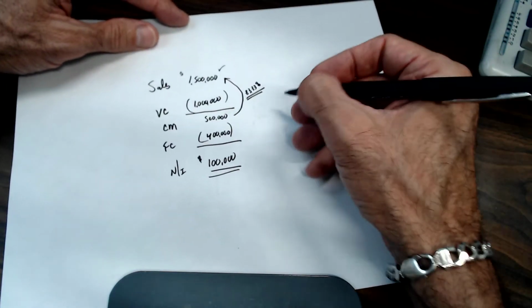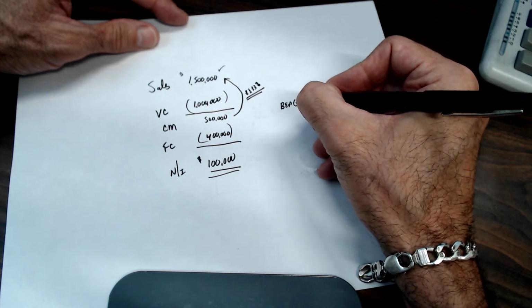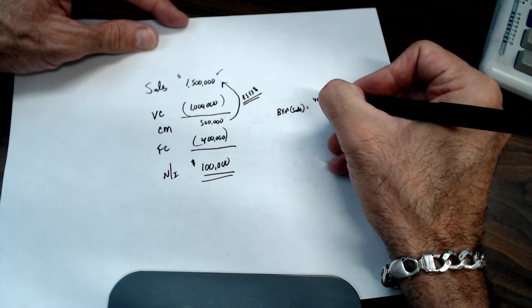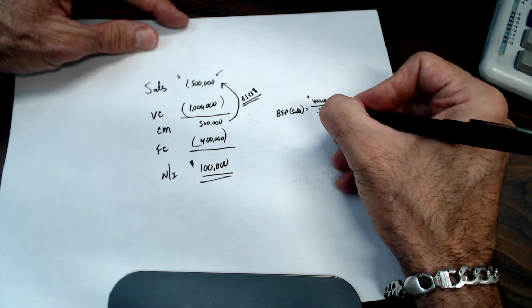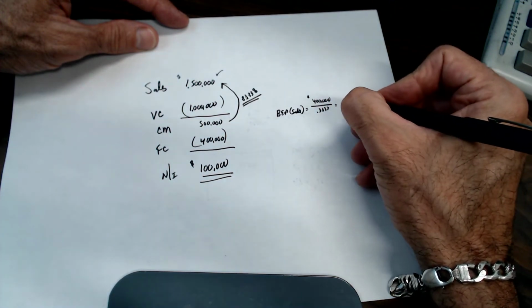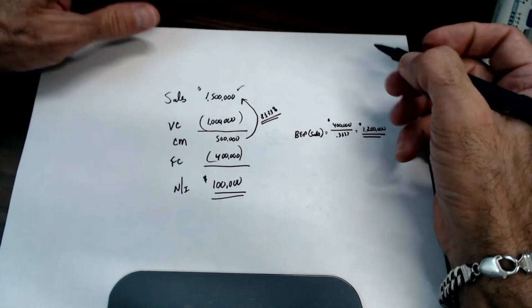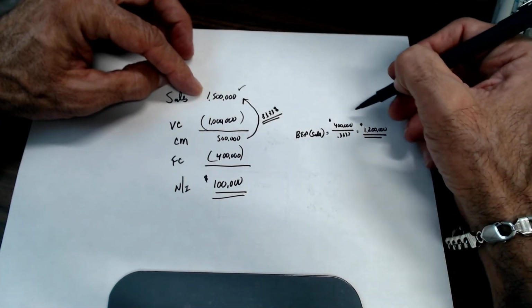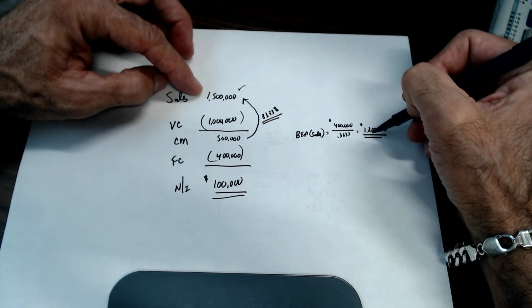So my break-even point in sales is my fixed cost divided by 0.3333. That comes out to $1.2 million. That's my break-even point. My sales can drop to 1.2 million before I start losing money.